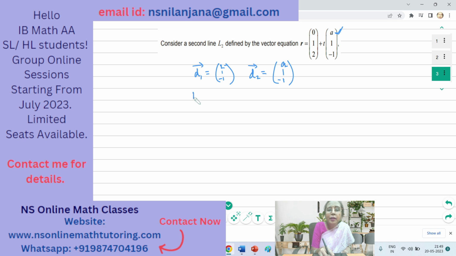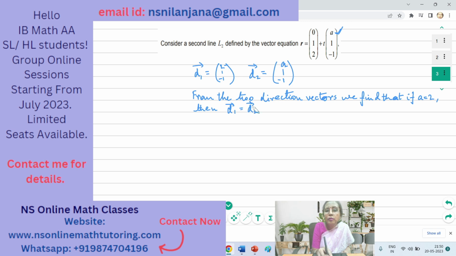If from the direction vectors we find that if a is equal to 2, then D1 is equal to D2. Okay?